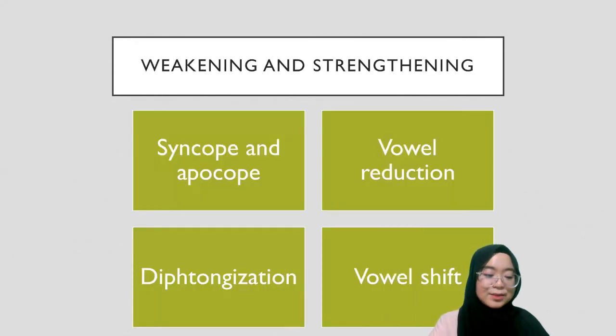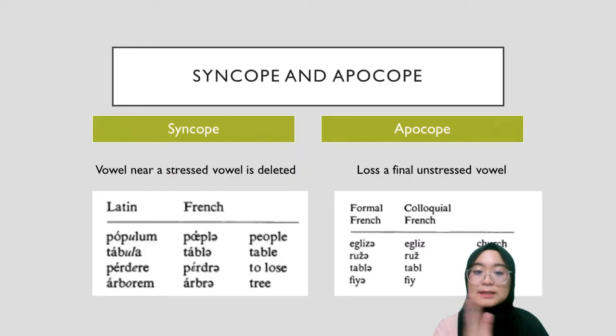Next we are going to talk about weakening and strengthening, which is in 4 categories: syncope and apocope, vowel reduction, diphthongization, and vowel shift. Syncope and apocope. Syncope is when a vowel near a stressed vowel is deleted.